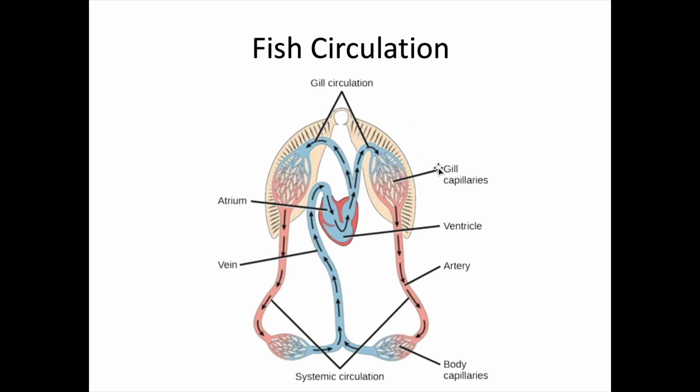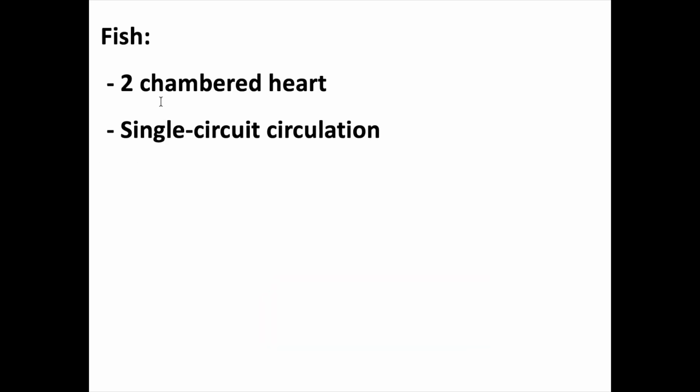Again, we're talking about fish, so gills, not lungs. And then to the body and head to deliver the oxygen, and then back to the heart again, all within a single pump. This is not as effective as double circulation, but hey, it gets the job done, and there's no mixing of deoxygenated and oxygenated blood. So fish have a two-chambered heart with single circuit circulation.